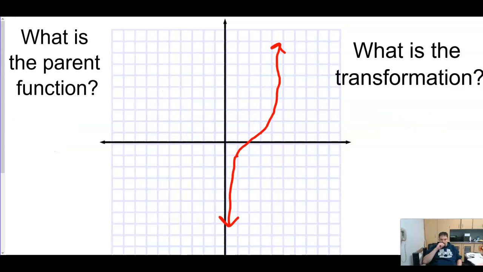Okay. Let's see. What is the parent function on this one? Well, this is kind of the snake-looking function, which is my cubic function. Okay, and if you recall, the cubic function also started at 0, 0 and slithered up and went down this way.